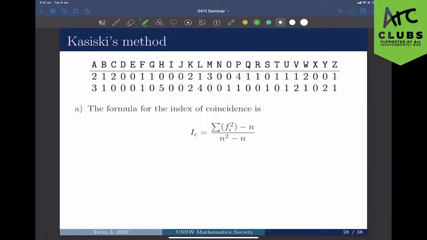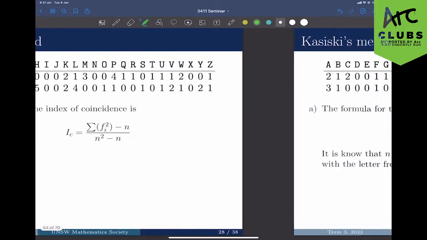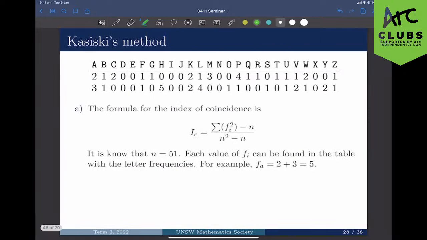So first we want to find IC, and each value of Fi can be found in the table. Fa is equal to 5, Fb is equal to 2, Fc is equal to 2. To find the sum, we're just going to do 5 squared plus 2 squared plus 2 squared and so on.